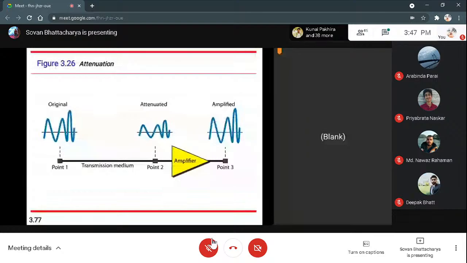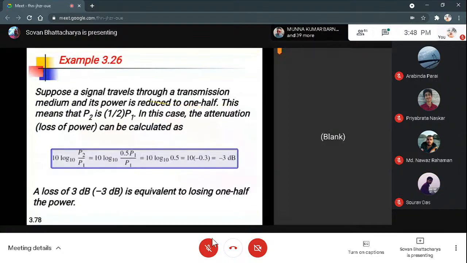The signal with attenuation gets amplified. This type of problem is called attenuation. It is calculated as P2 by P1, where P1 is the original signal and P2 is the signal after attenuation.